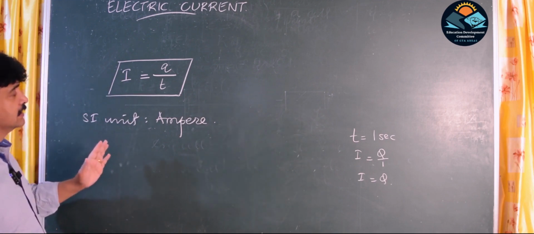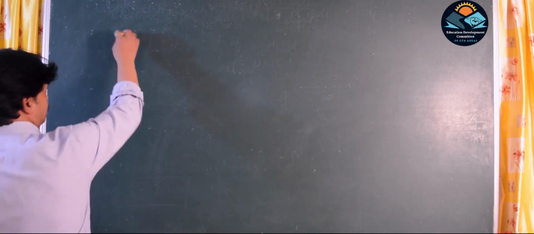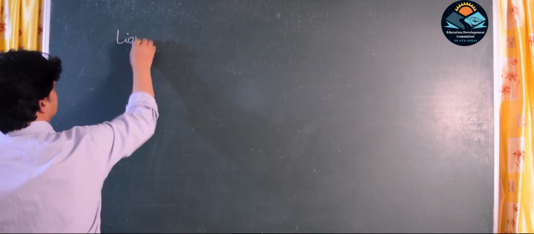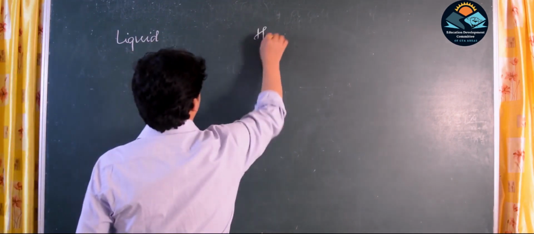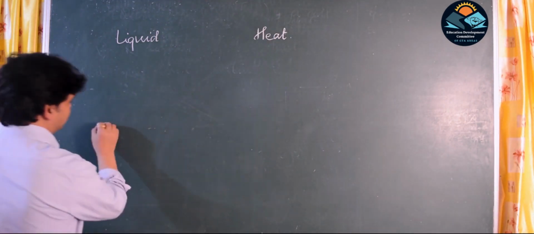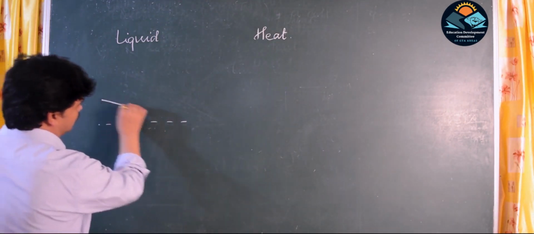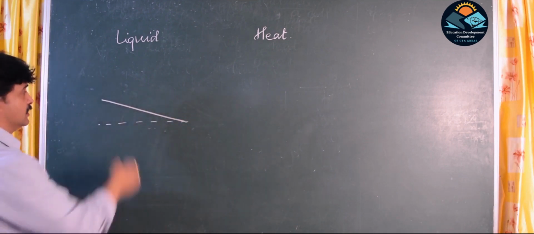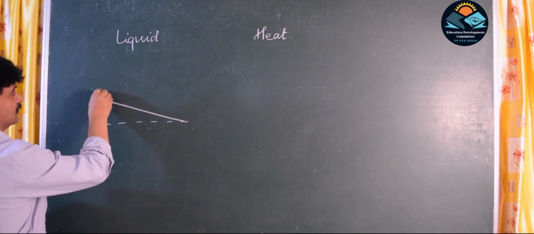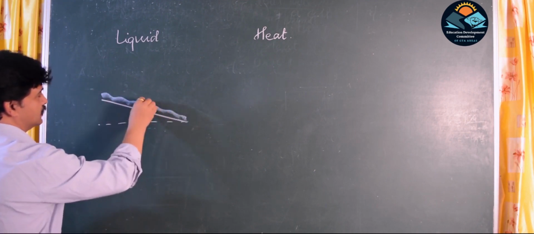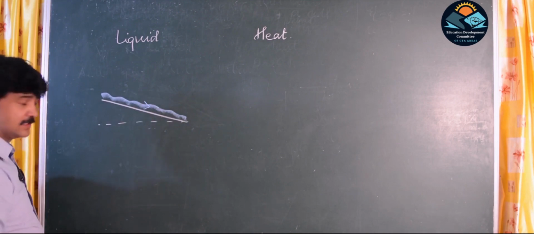Let's take a few things which flow, like any liquid. Heat also can flow, isn't it? Now, for a liquid to flow, there must be difference of height, isn't it? Because a liquid flows from higher level to a lower level.